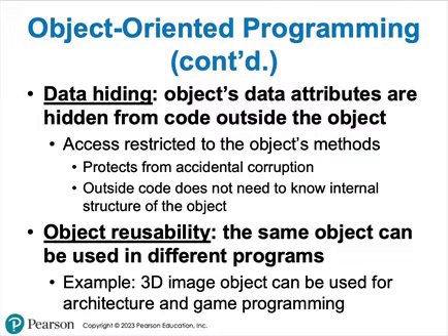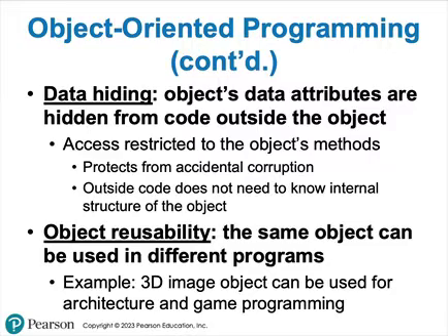So that protects it from accidental corruption or bad programming style where you're trying to access those data attributes directly, worst case is a global variable. So it kind of puts more structure, if you will, on the data attributes.